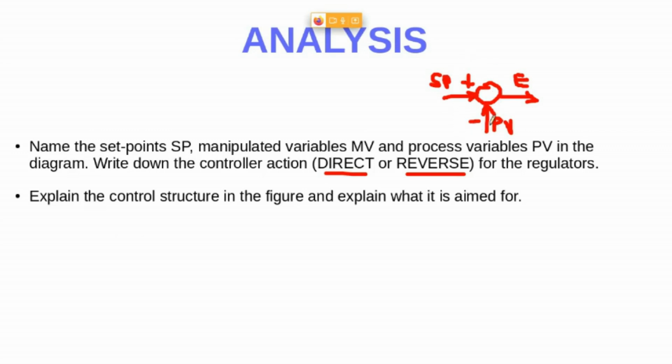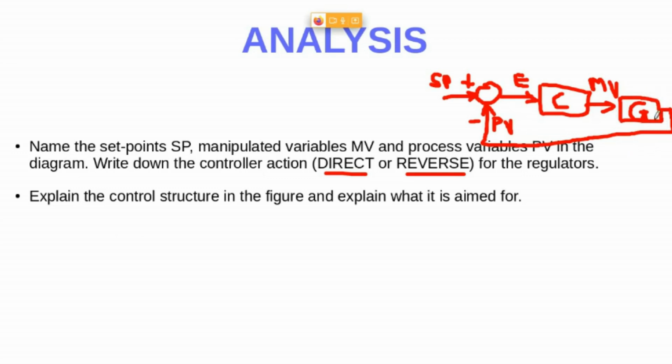This controller action is applied when you have a process. Remember, here we have the controller. This is the controller. And then the controller action, that is the manipulated variable, is applied on our process. This process is fed back here. So this is our process. Here we have our transfer function. And this reverse controller action is applied when you have a positive relationship between the manipulated variable and the process variable.